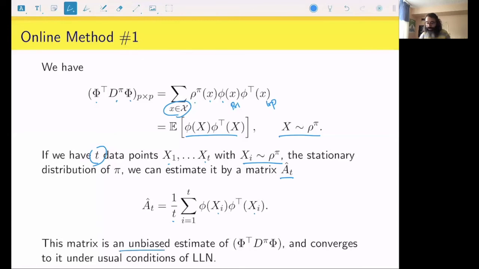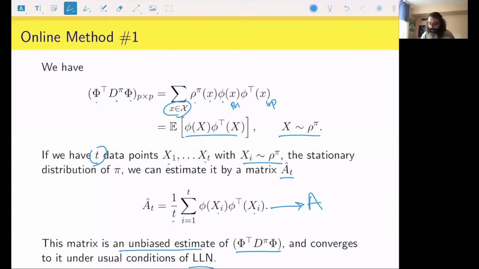This matrix is an unbiased estimate of the expectation, and under the usual conditions for the law of large numbers, it converges to A. If the x_i's are independently selected, that converges. If they come from a Markov chain, and it is a nice chain, not a strange Markov chain, then we again have a law of large numbers.